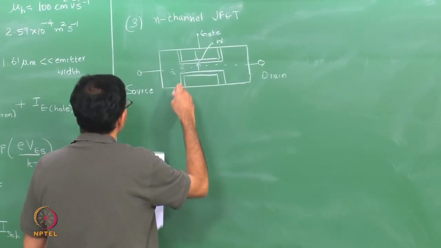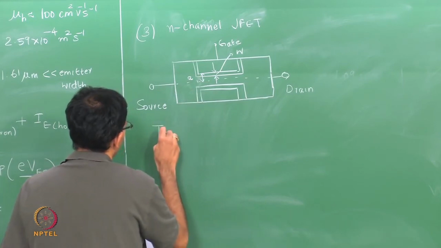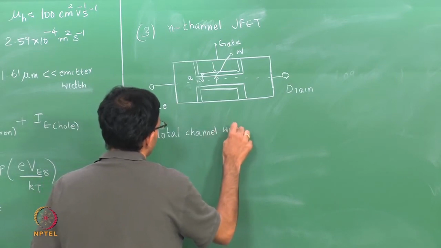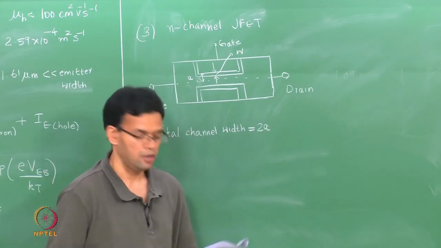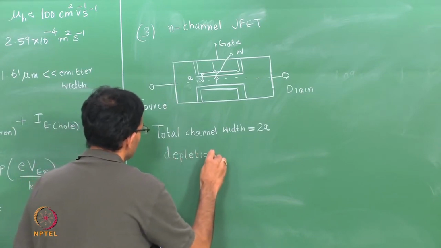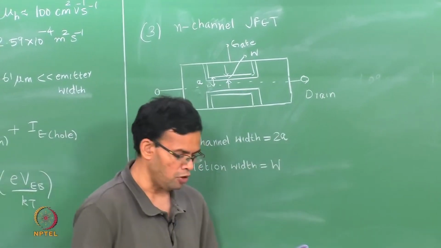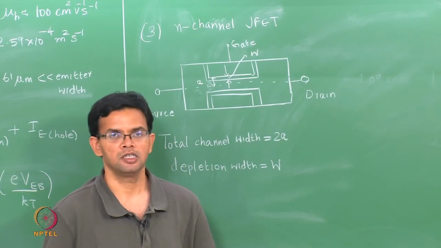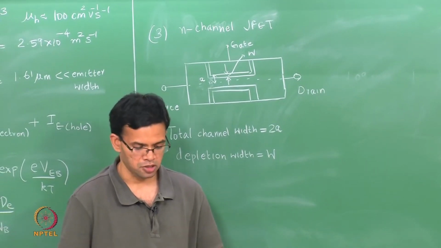So, the channel width goes from here to here and that is A. So, the total channel width is 2A. So, half the channel width is A and the depletion width is W. So, we want to calculate basically the potential at which pinch off occurs and how this is related to the built in potential and also the doping concentrations.